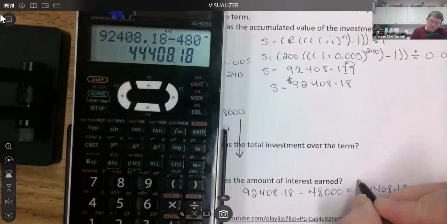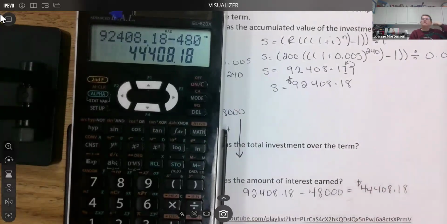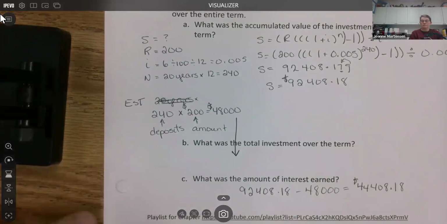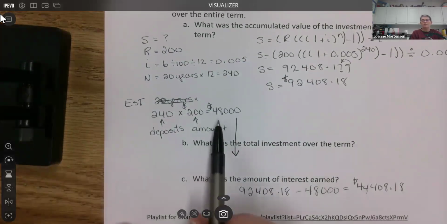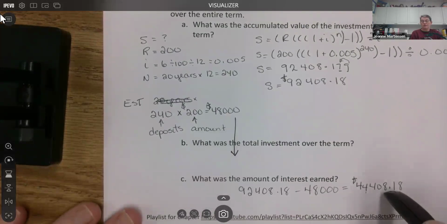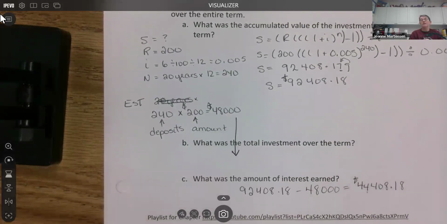So she basically earned almost as much in interest as she actually deposited. If she left it longer, the amount of interest would keep growing and eventually be more than she actually deposited.